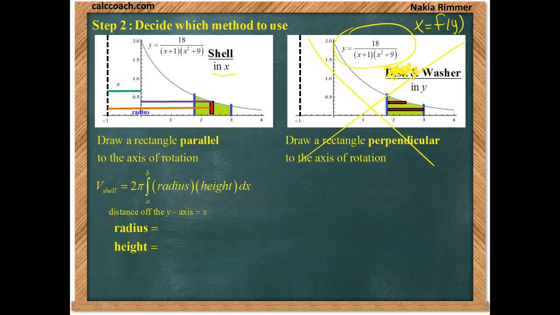Now how long is the green? Well, the green is constantly going to be 1 no matter where the rectangle is. So x plus 1 would be the radius.